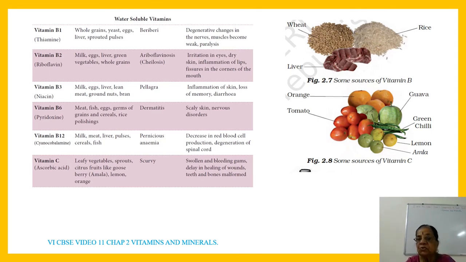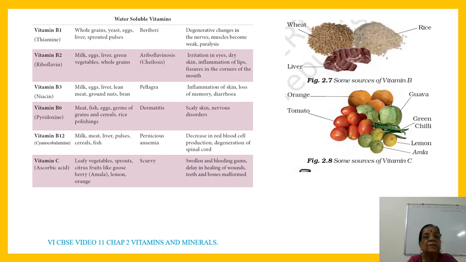These are all sources of vitamin C. Okay. So here you have to learn the other name of this vitamin. That is important here. That is why this tabular column is provided.